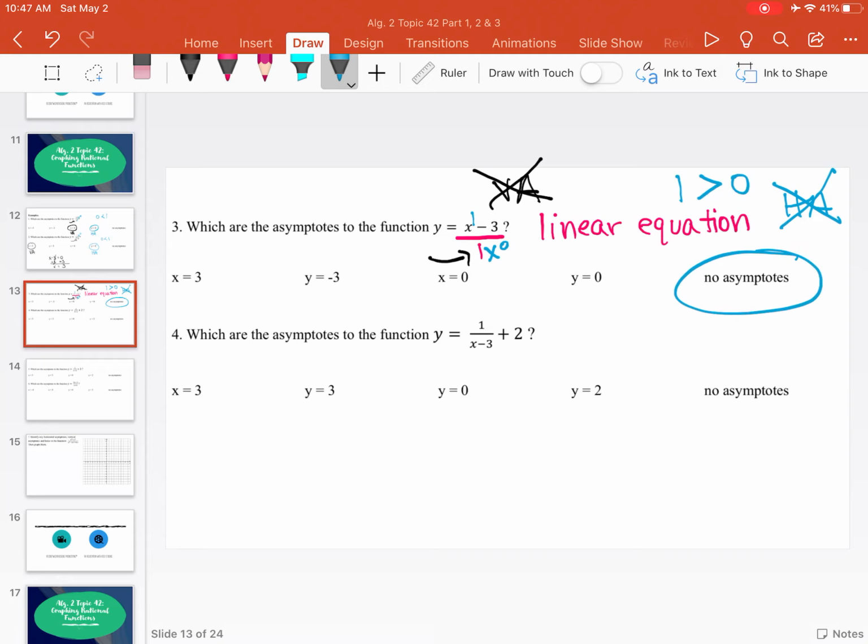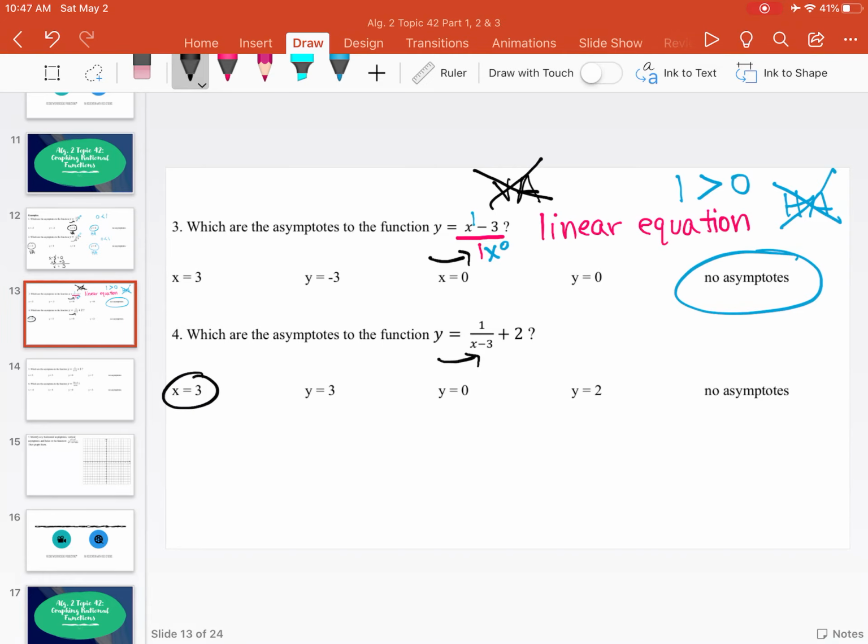For example number 4, which are the asymptotes to the function y equals 1 divided by x minus 3 plus 2? Now this example is really similar to example 2 that we saw on the last slide. If I think about the vertical asymptote, again, I just want to look at my denominator here. What can I plug in for x in order to make the denominator equivalent to 0?